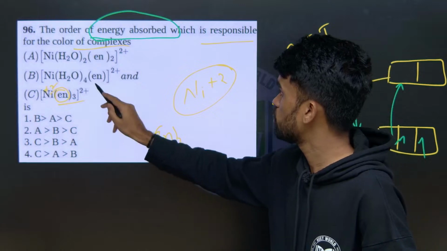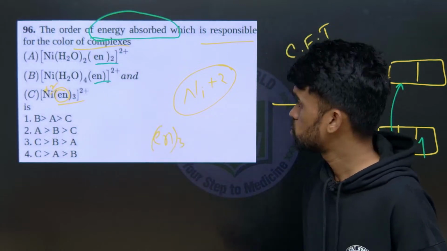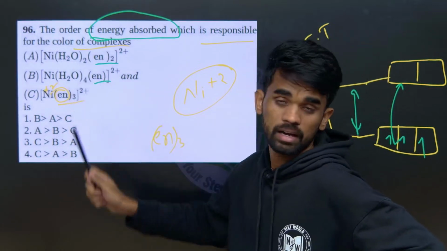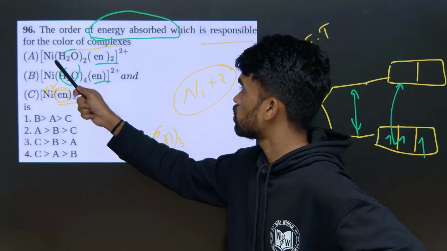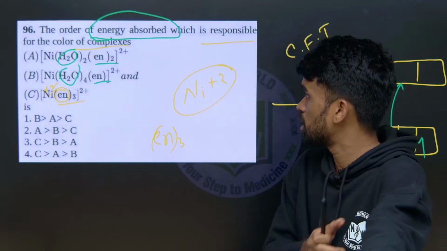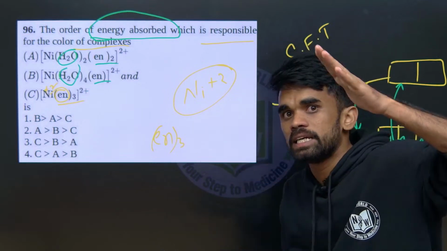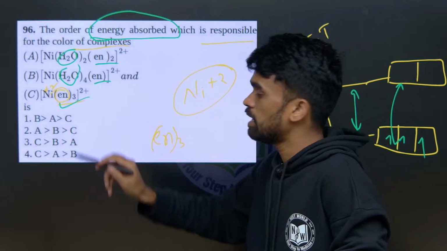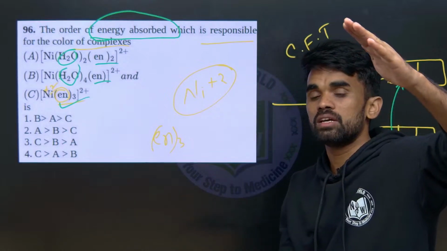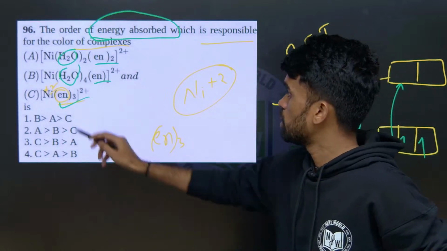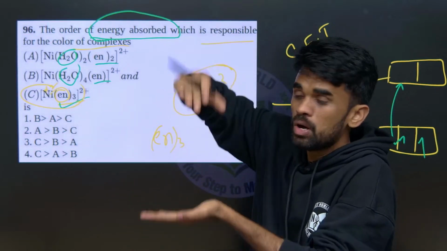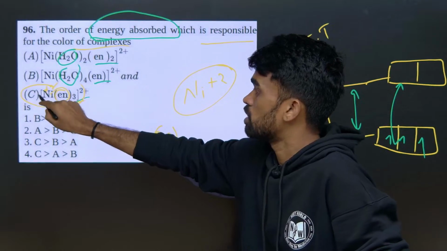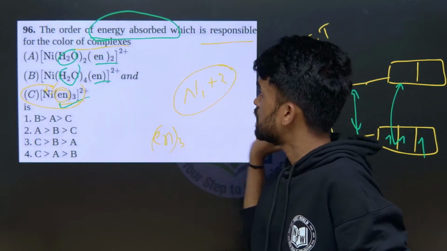Here only one, here it is 2. We know ethylene diamine is a strong field ligand compared with water molecules. The higher the strength of the ligand, the greater the splitting ability. So with 3 en ligands, stronger splitting, more gap, and more energy is absorbed for the excitation of electrons.